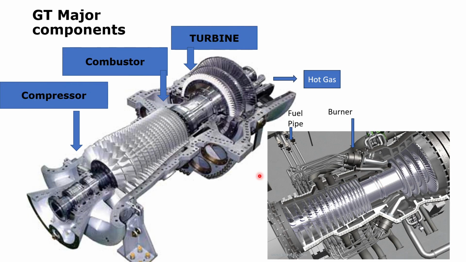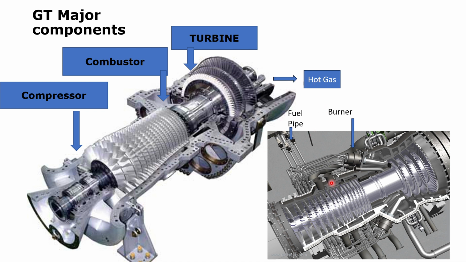Now let us talk about the major components of a gas turbine. The first component is the compressor, then the combustion where the gas is burned, and then the turbine where the gas expands, and then the gas goes out.